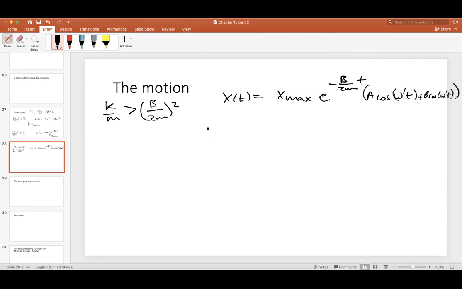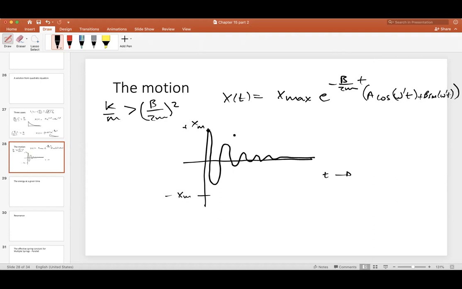But the bigger takeaway is actually right here. This is our x, and this is our x max with a negative, and this is our x max with a positive, and this is t going that way. Let's say it starts at x max, it tries to do this periodic motion, and then it dies. And you get this nice envelope curve, which is because of the drag force.